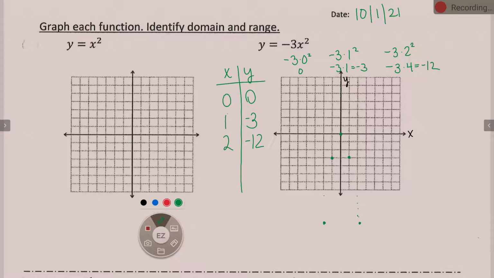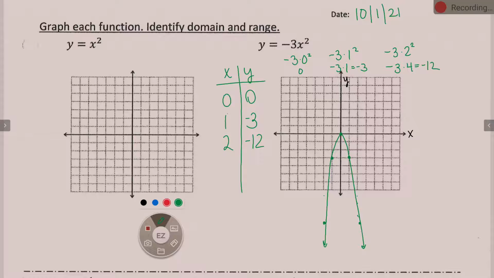Why is it strange looking? Okay, it's skinny. Why is it skinny? It's so tall. Why is it so tall? Because it's negative, so it goes down to 12. Okay. What part of the equation made this tall and skinny? The A value.